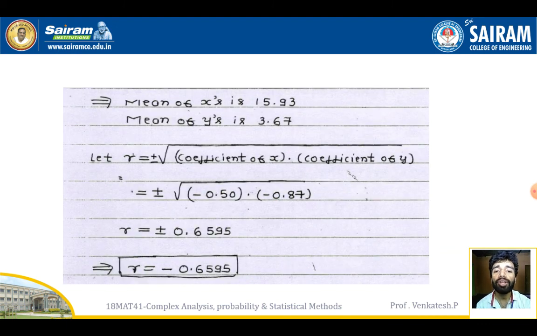If I replace both values in the equation, I will get plus or minus square root of minus 0.50 into minus 0.87. On simplifying, we'll get r is equal to plus or minus 0.6595. Since both the coefficient of x and coefficient of y are negative, r will be minus 0.6595. So this is the solution for the correlation coefficient from the lines of regression.